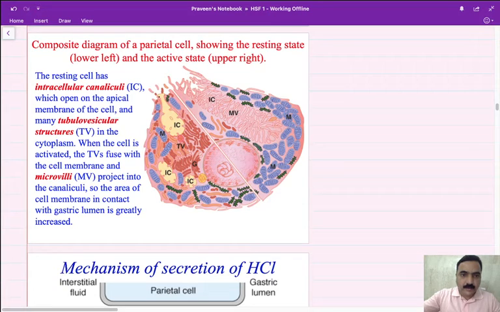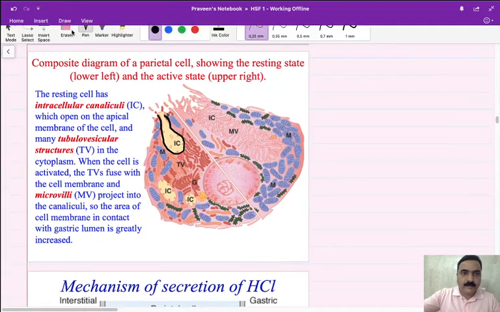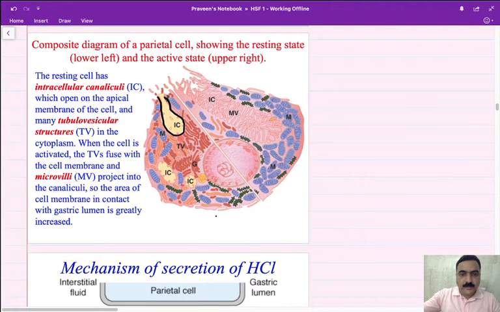This is the intracellular canaliculi in the inactive or resting state, and what is shown over here is the active state. You can see the size of the intracellular canaliculi in the active cell is so big, so the surface area is increased by the canaliculi.